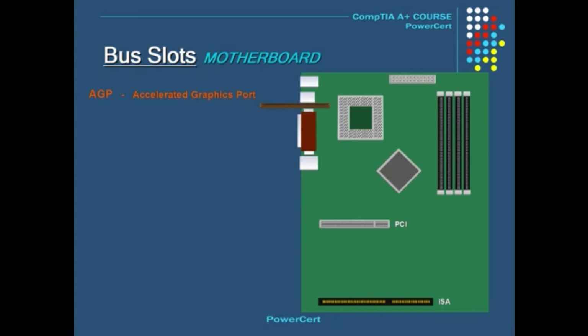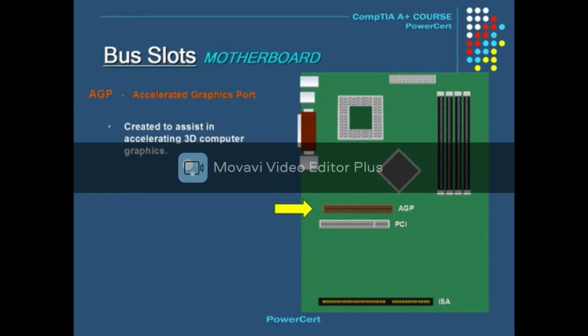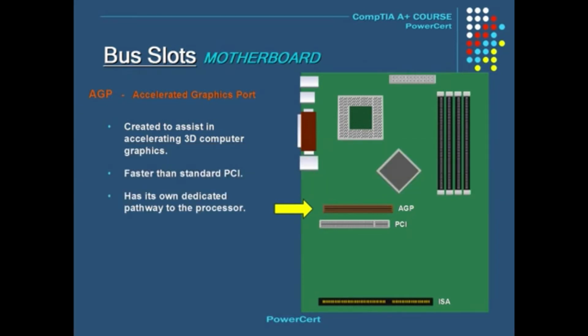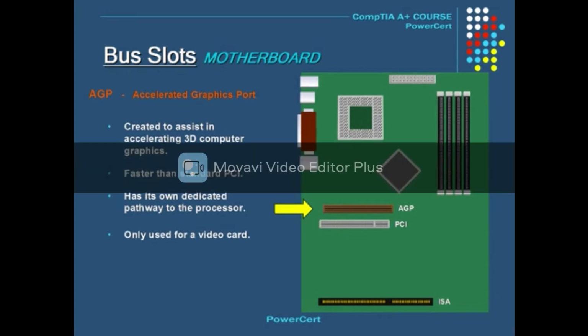AGP stands for Accelerated Graphics Port, and it was created to assist in accelerating 3D computer graphics. One of the main reasons why AGP is faster than PCI is because AGP has its own dedicated pathway to the processor, unlike PCI. The AGP port is only used for a video card and is usually a brown color.